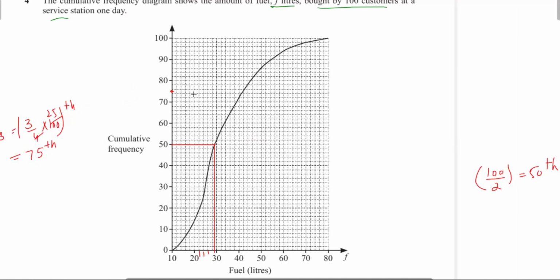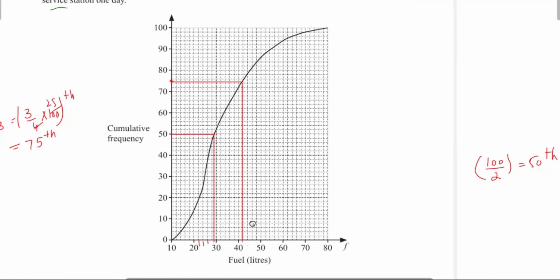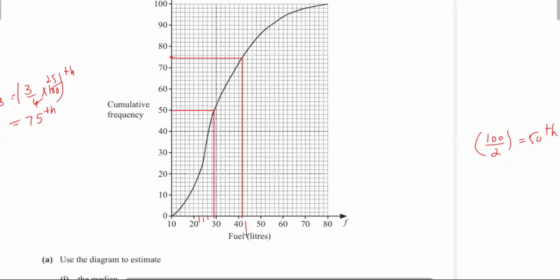Now we mark this point, and against this point the curve meets at this position, and we draw the vertical line, and this vertical line meets the fuel axis at position 42.